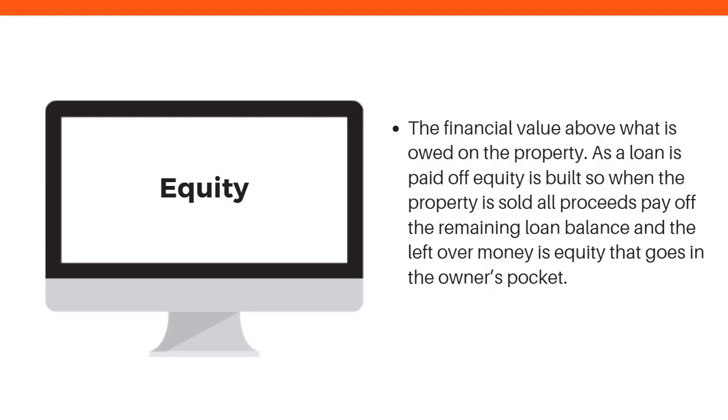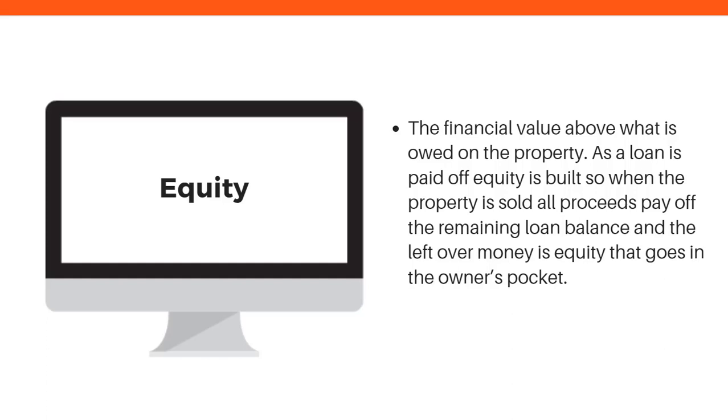So you would have $20,000 of equity today in the property, because that is the down payment, the cash amount you put down into the property. You only took a loan out for $80,000. So when you sell the house for $100,000, if you turned around and sold it tomorrow, you would pay off the $80,000 loan. You would get back your $20,000 that's left if you sold it for $100,000. So that $20,000 is what's called equity.